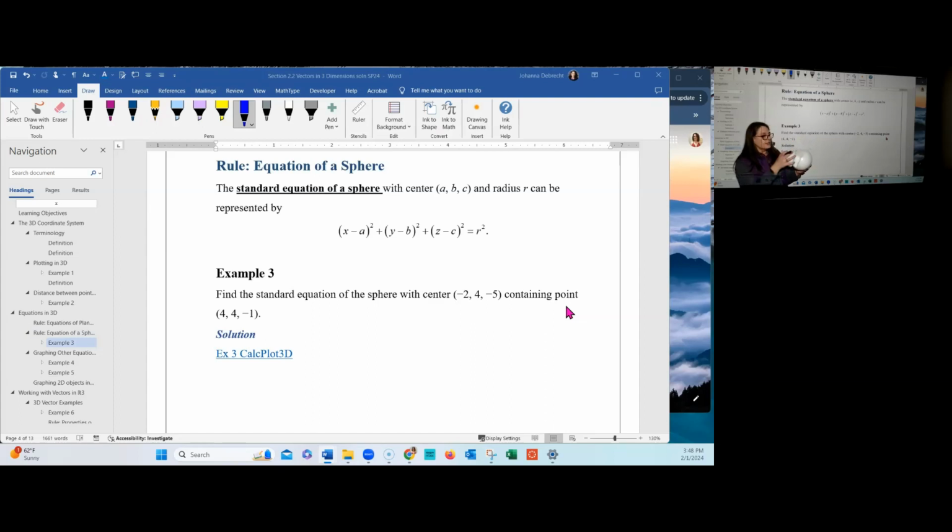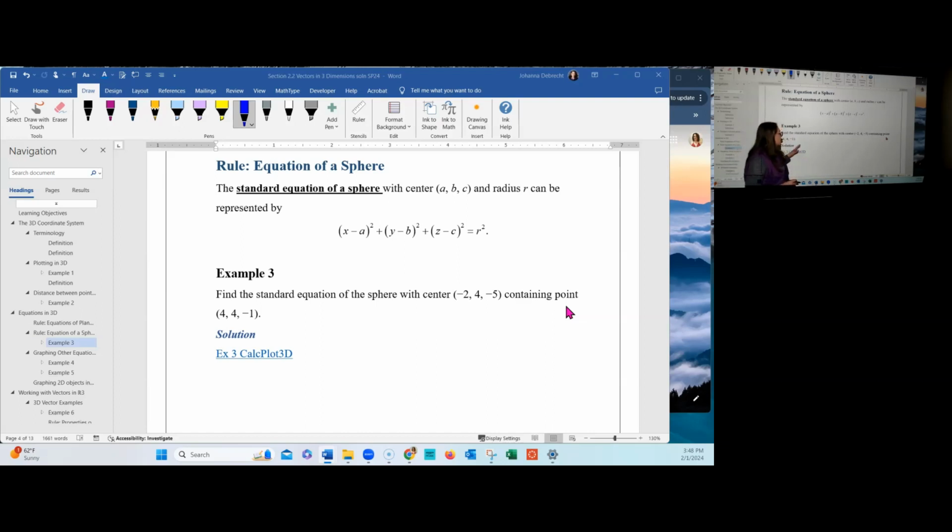A sphere is actually the surface. It's this outer ball or bubble. If you're blowing bubbles, it's the bubble itself, not the space inside of it. So that's the sphere. And the equation looks like this, which again is very similar to the equation for a circle, but in 3 dimensions.